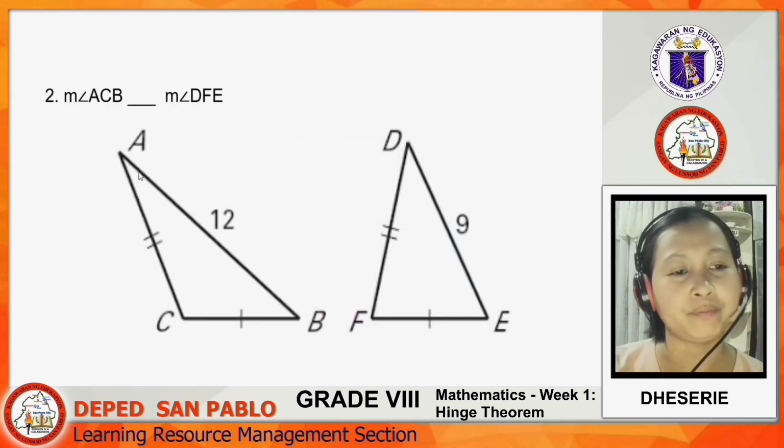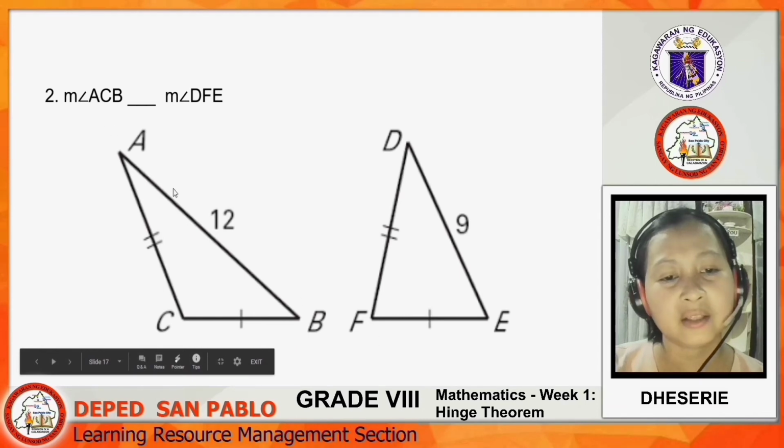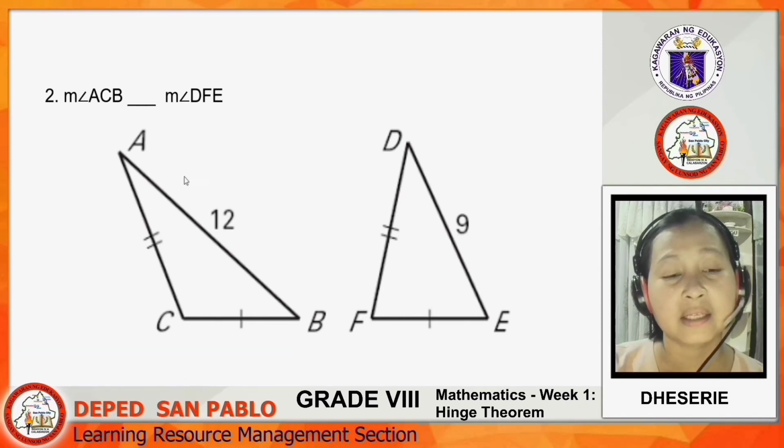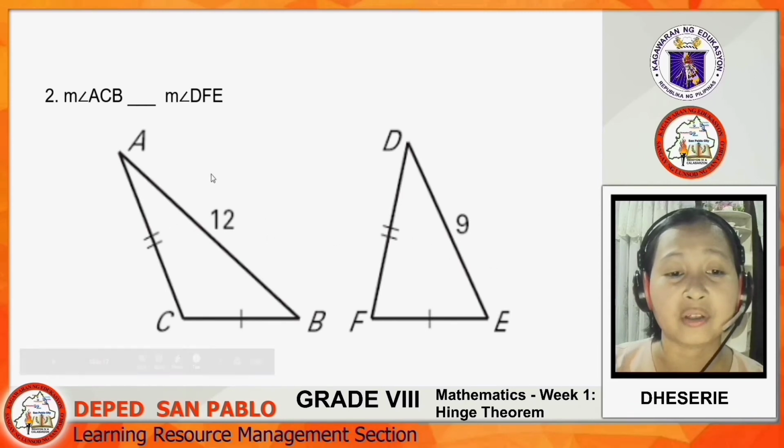Another example. You have triangle ACB and triangle DFE. Given two congruent sides, this side is congruent with this side. The third sides are 12 and 9. So if you have segment AB which is 12, segment DE which is 9, which is longer? Of course, it's 12.